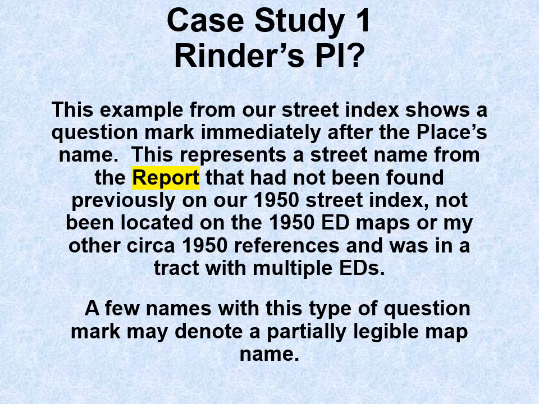This represents a street name from the report that we had not found previously on our 1950 street index, not been located on the 1950 ED maps or my other circa 1950 references, and was in a tract with multiple EDs. Okay. Now, a few names with this type of question mark may denote a partially legible map name.